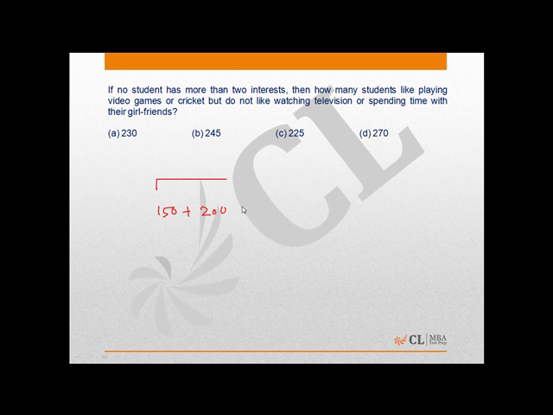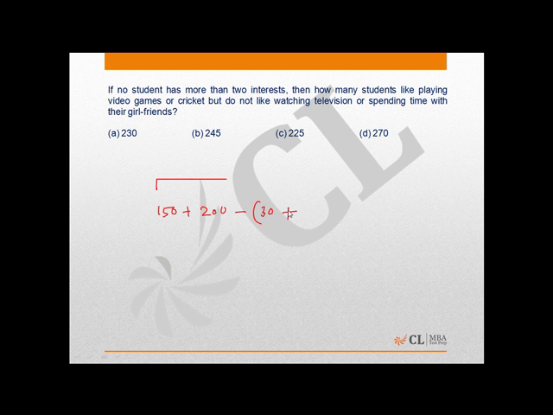These are 150 and 200. Now we have to subtract first the region which is common between video game and cricket, as this is counted twice, and from the figure it is 30.